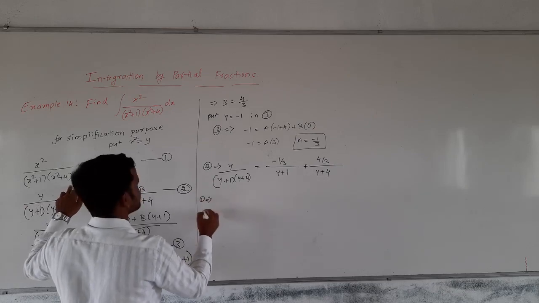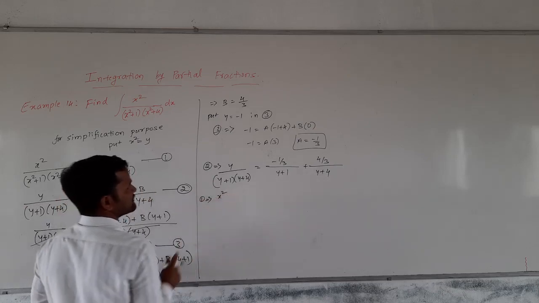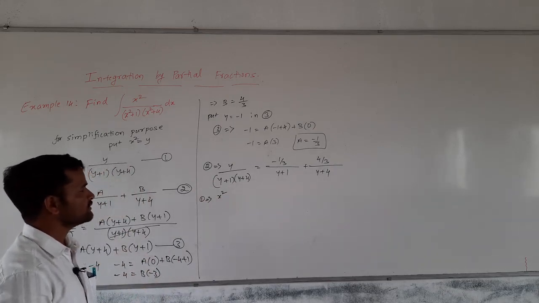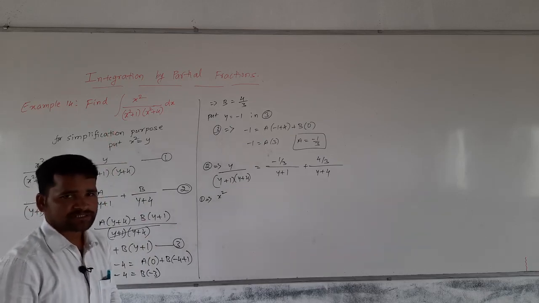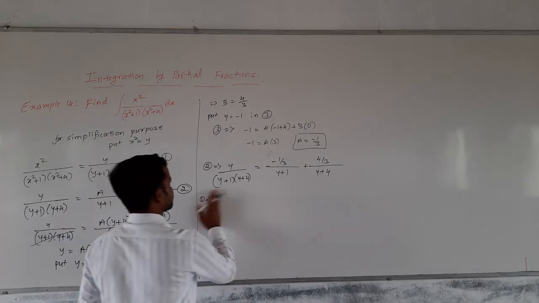Now, to avoid the confusion, I need to integrate x square by x square plus 1 into x square plus 4. I will substitute back y is equal to x square.